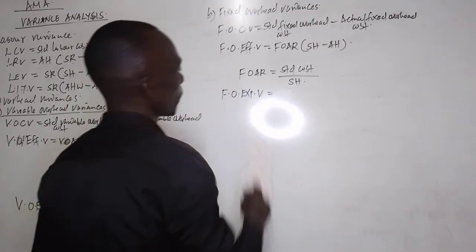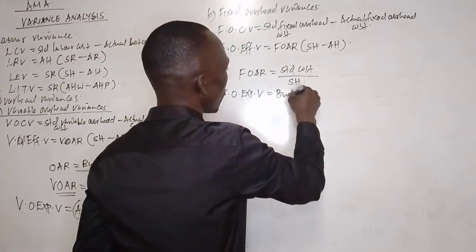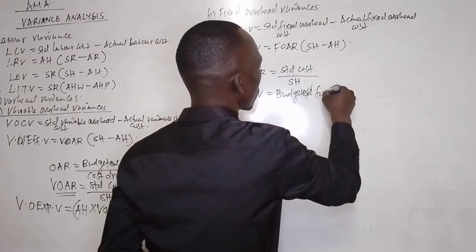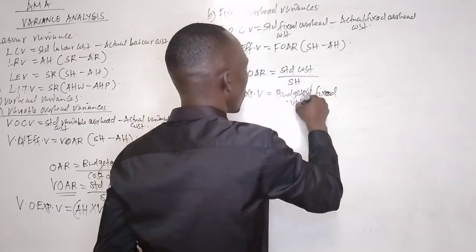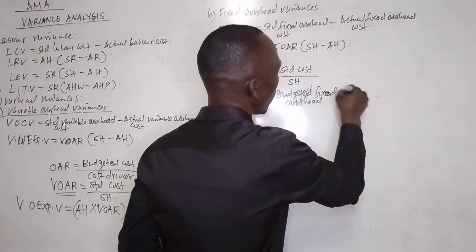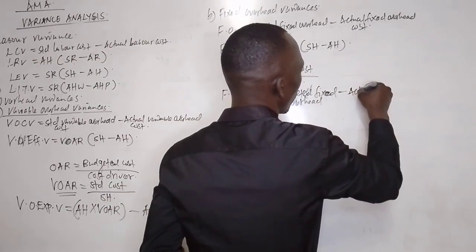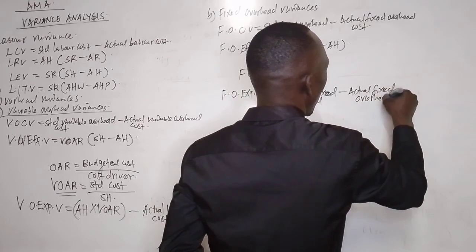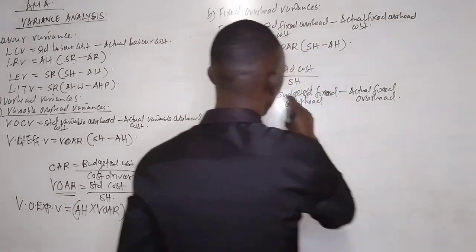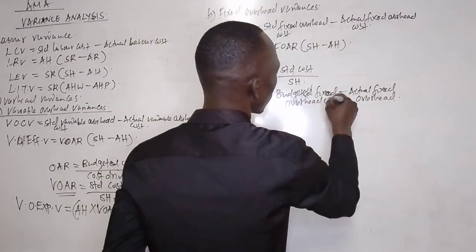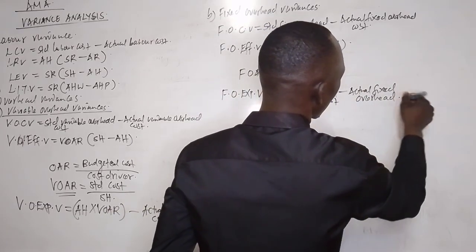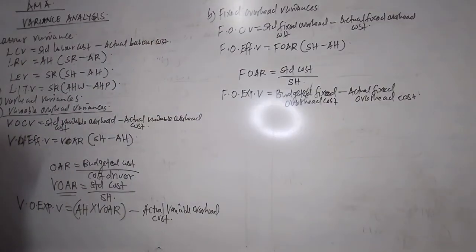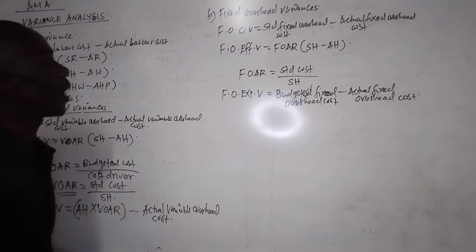The fixed overhead expenditure variance in this case will be given by the budgeted fixed overhead cost, then you subtract the actual fixed overhead cost. That is how you are going to get the fixed overhead expenditure variance.